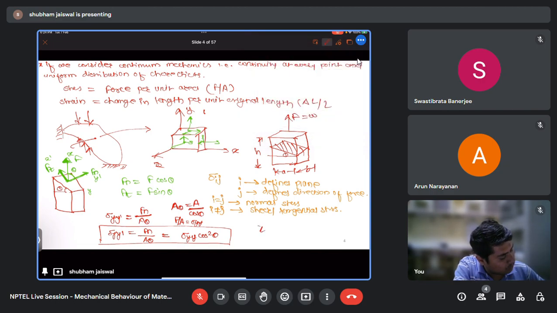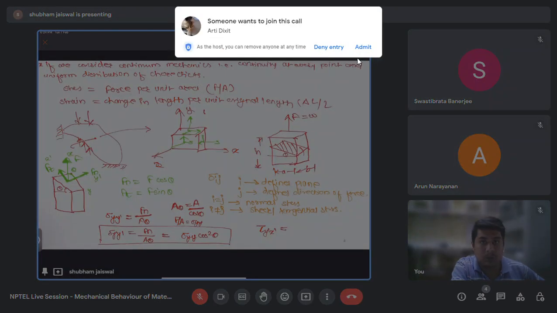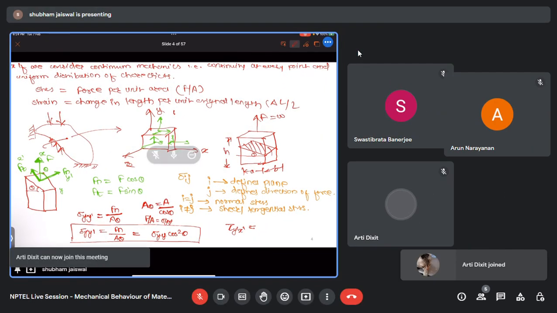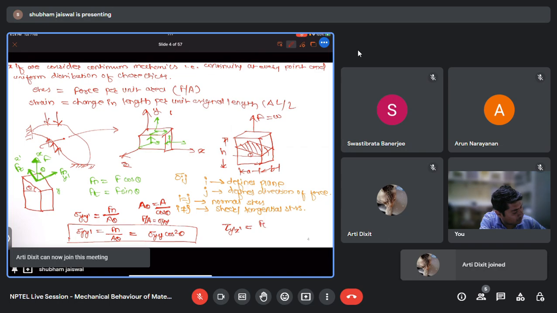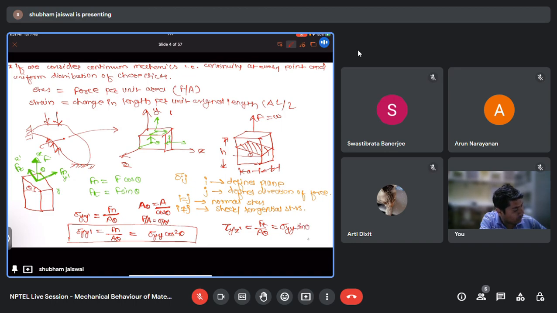Okay, so tau y prime x prime is equal to sin theta cos theta.